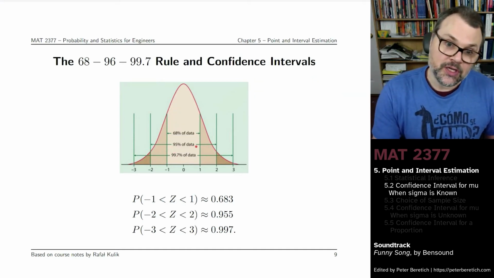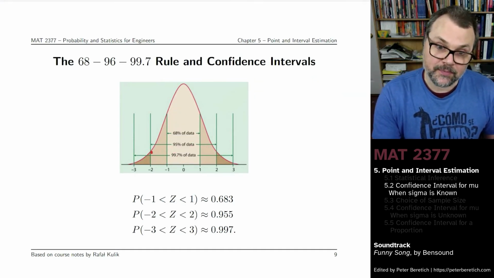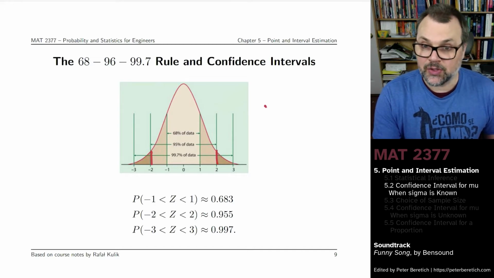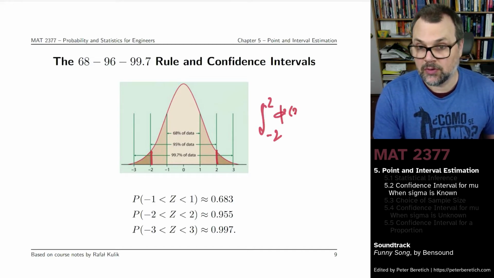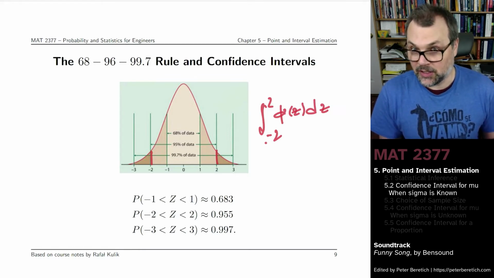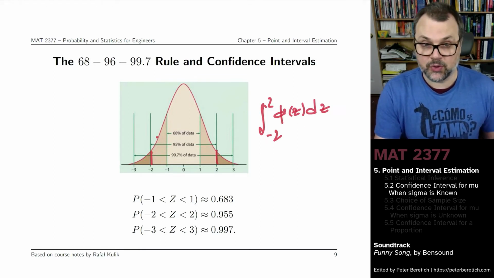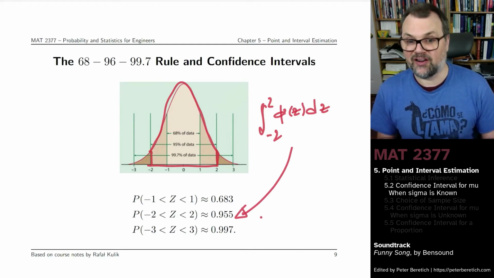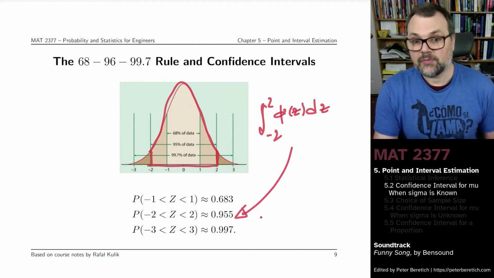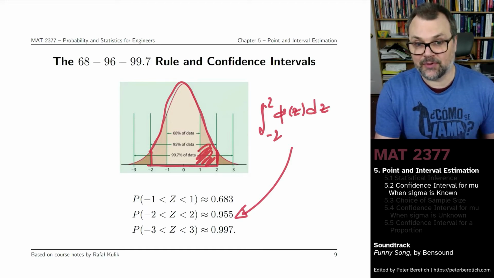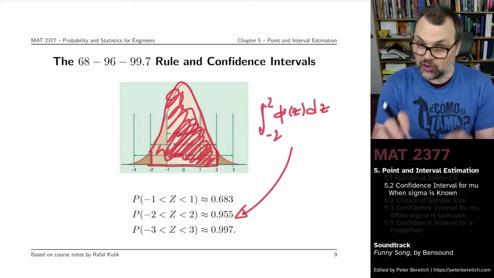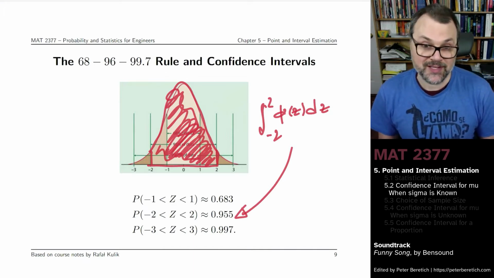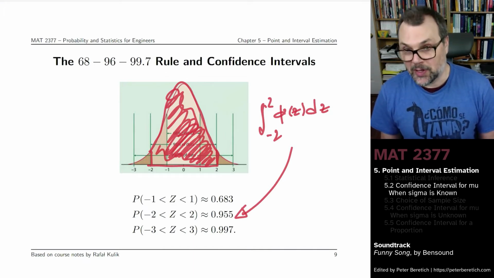If you're interested in knowing how often they would fall between -2 and 2, then you just compute the area underneath the curve between -2 and 2. This quantity is about 95.5% or 96%. So 96% of the observations you would expect to be between -2 and 2 when you're drawing observations from a standard normal independently.